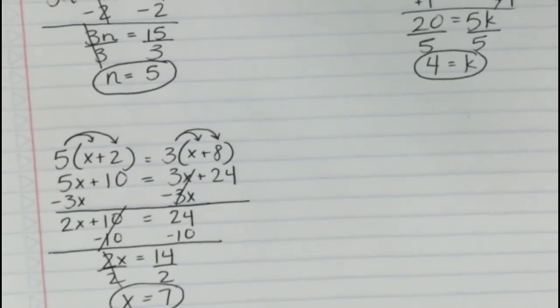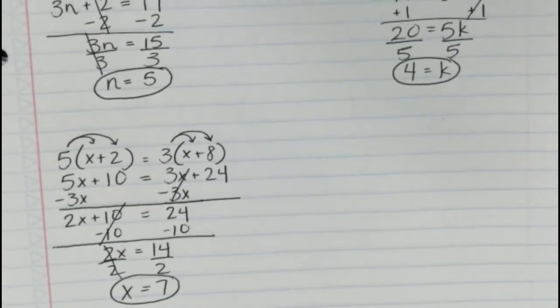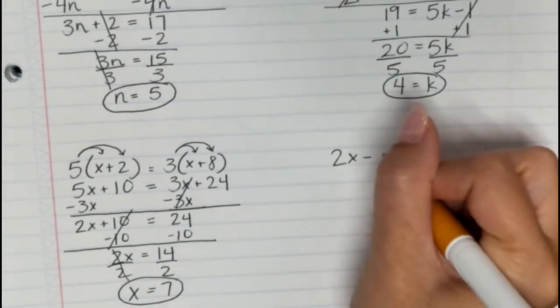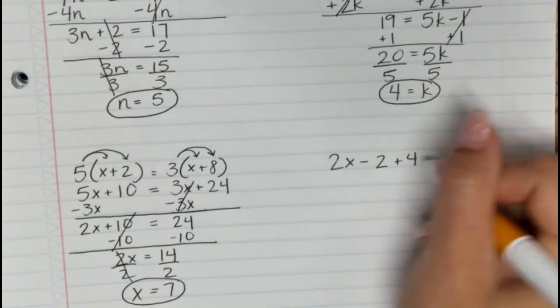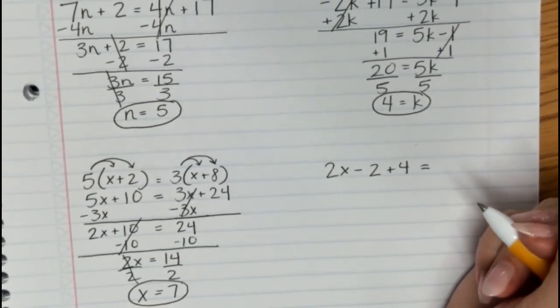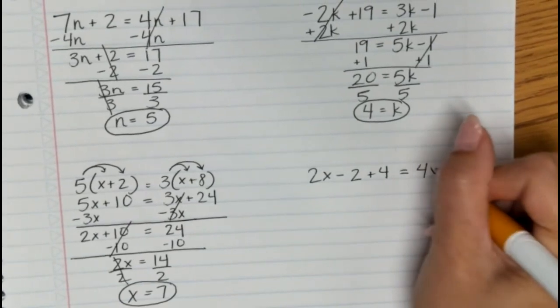Let's look at one where we need to combine like terms. Let's say you have 2x minus 2 plus 4 equals, oh, I may have made a mistake there. Let me think ahead.